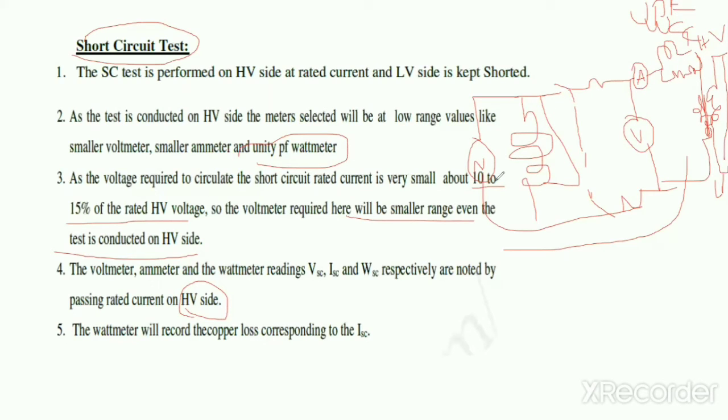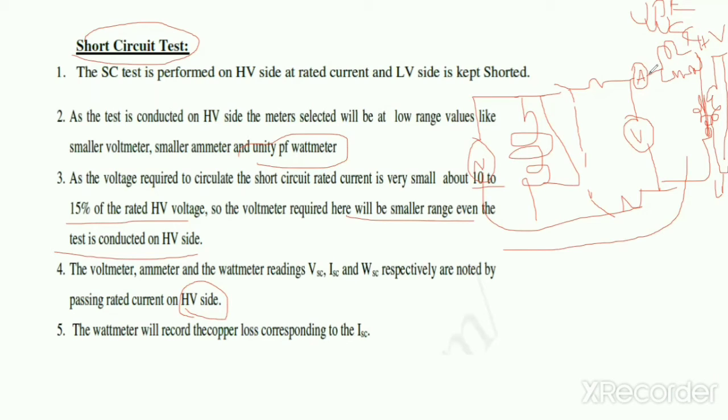When we connect the HV side supply, all the equipment is connected to that same supply. When we apply the voltage, we gradually vary the autotransformer until the ammeter reads the rated current. In the OC test we increase the autotransformer until the voltmeter reads the rated voltage, but in this case we increase it until the ammeter reads the rated current.